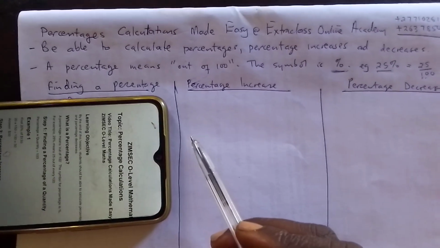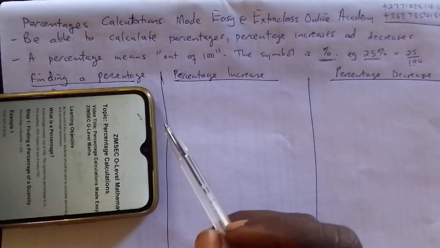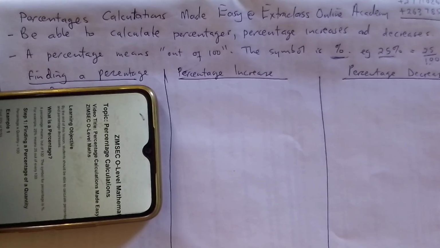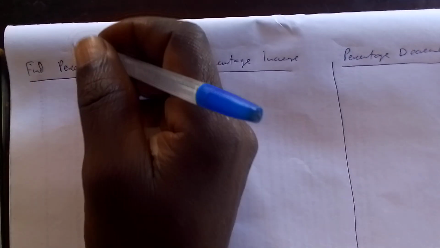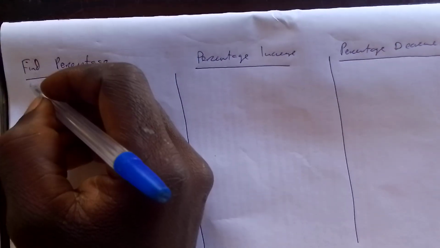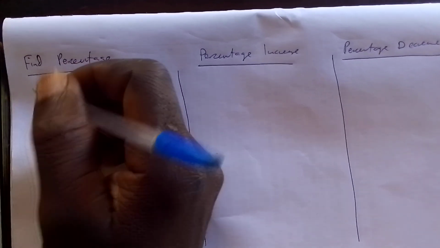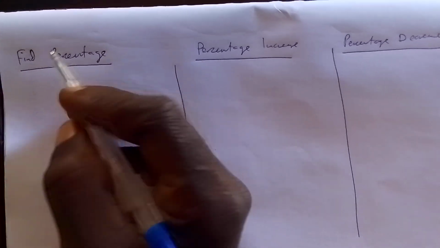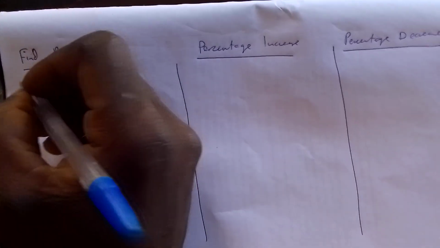So, let's go to the next part where we are going to learn how to find a percentage. To find a percentage, we are going to use a very simple formula. The formula is as follows.